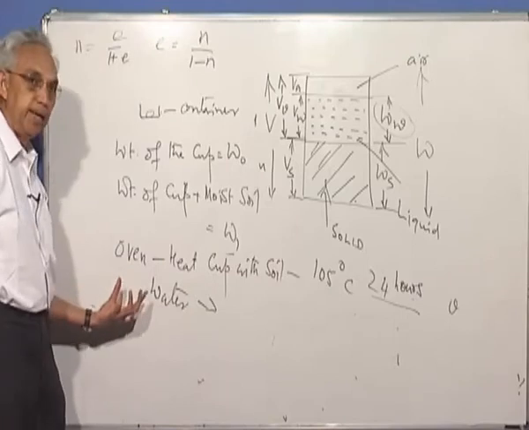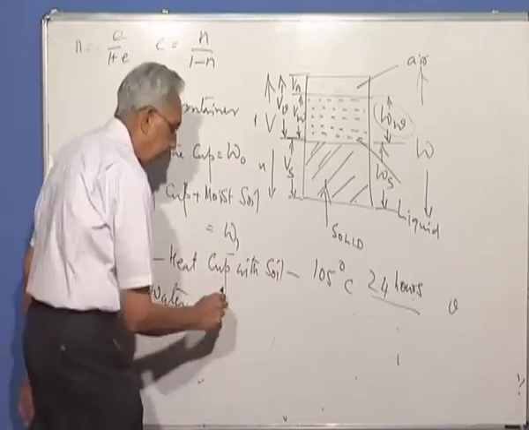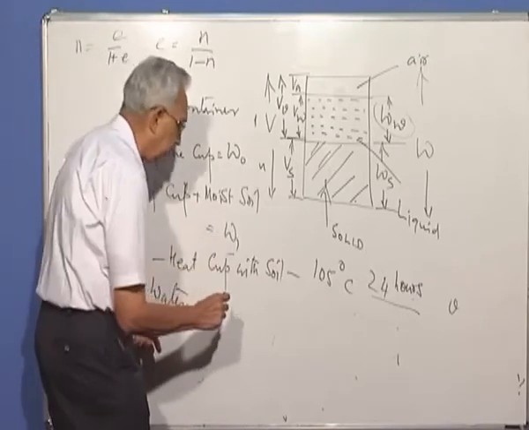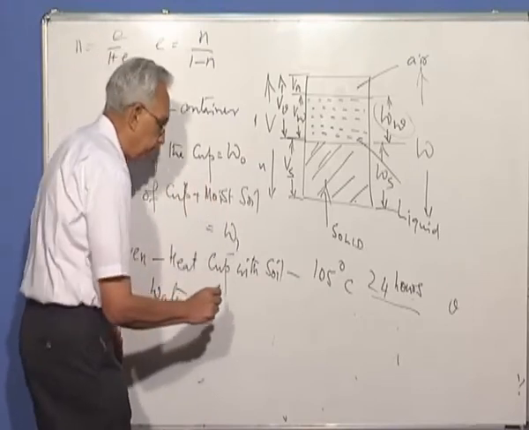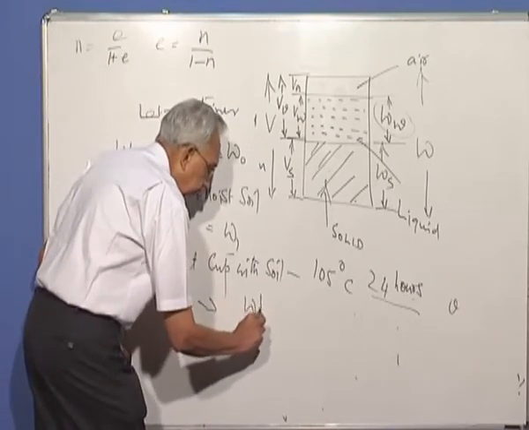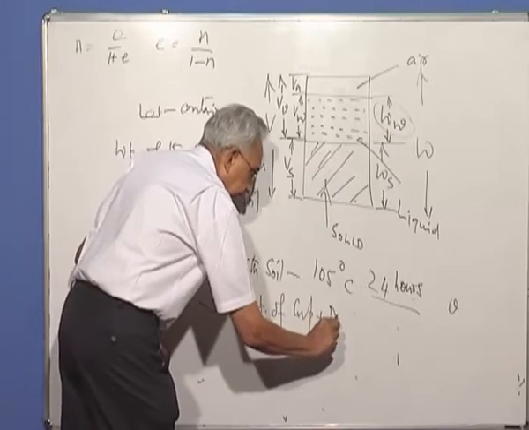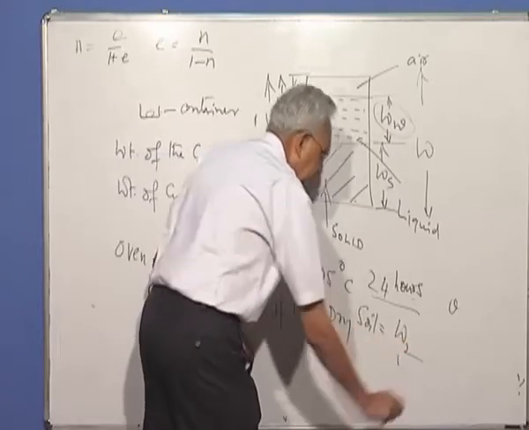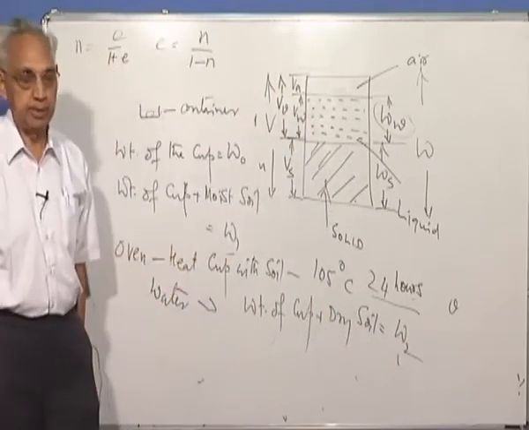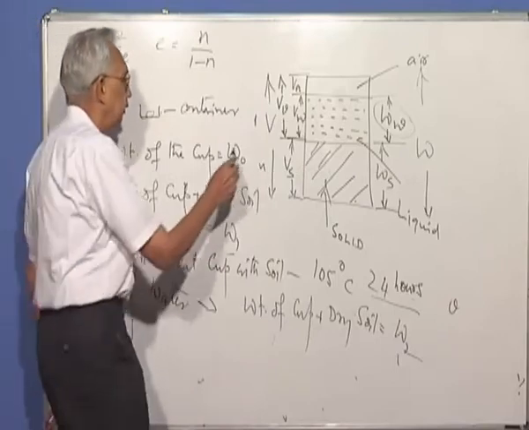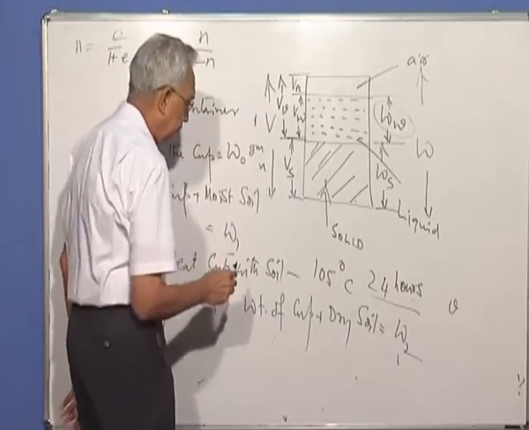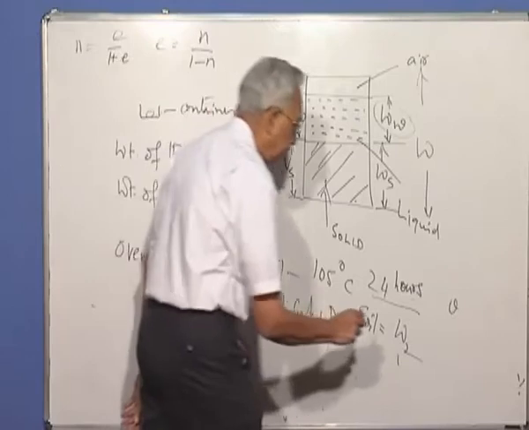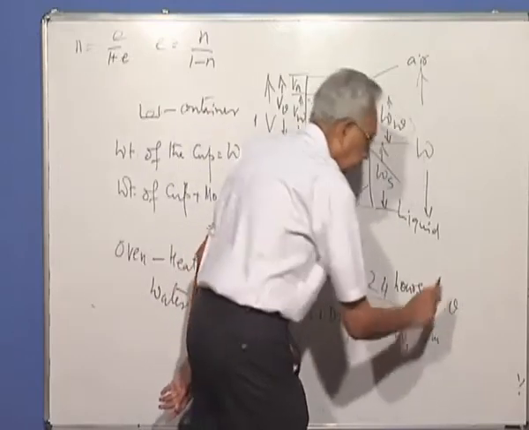So what do you get now? When I take this cup and the soil out, cool it and take a weight, I'll have the weight of cup plus dry soil. Let's say I call it W2. The weight in grams, whatever you determine. So I'll have the weight of empty cup, weight of cup with moist soil, and weight of cup with dry soil.